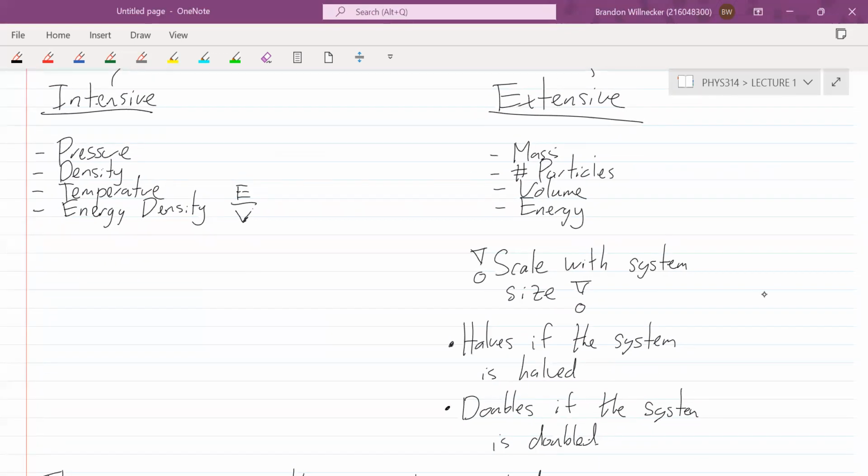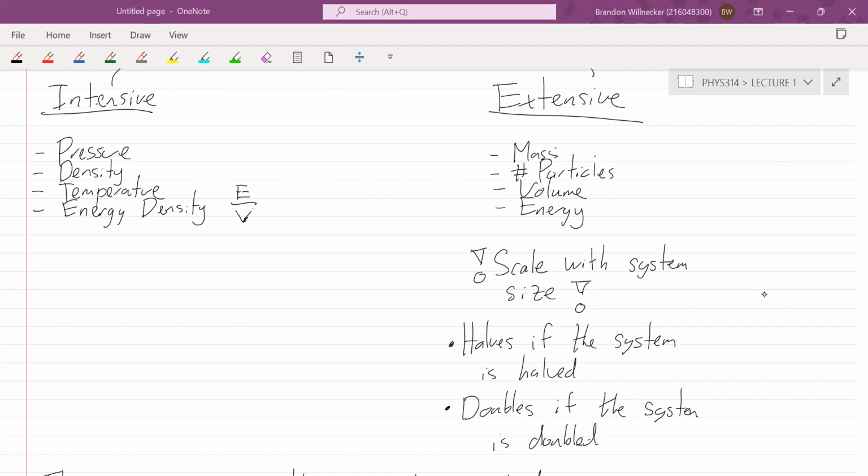They're just observables of the system. Later on, we will see that these variables are only well-defined if the system is in equilibrium. So you can talk about mass, you can talk about volume and energy. That's perfectly fine. You can only talk about them being well-defined if the system is in equilibrium.